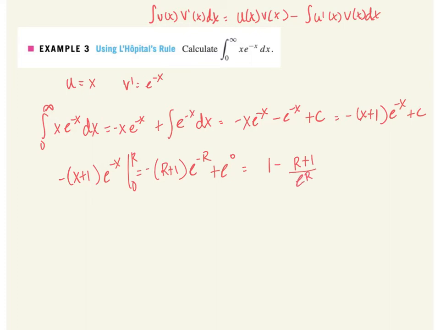And lastly, we will take the limit as r approaches infinity. So 1 minus the limit, so here is where we can use L'Hopital's rule, right? Because as is, it's infinite over infinite, which is an indeterminate form in a fraction. If we differentiate the top, we would get 1. If we differentiate the bottom, we still have e to the r. So here's L'Hopital's rule.